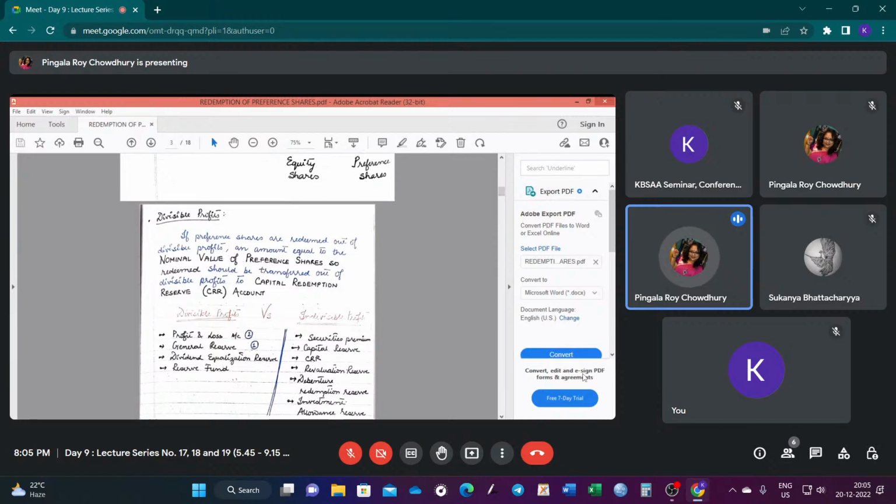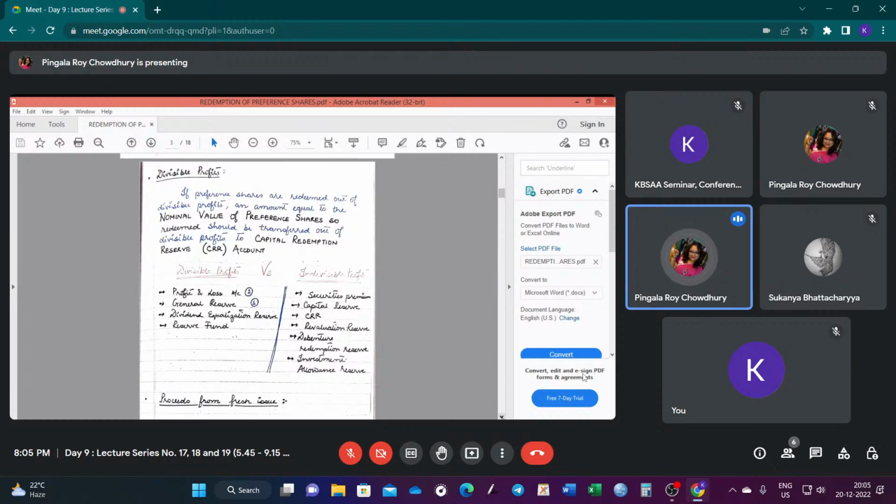Now here is a list of certain divisible profits and certain indivisible profits. Divisible profits are mainly profit and loss account, general reserve account, dividend equalization reserve, and reserve fund. These are mainly your divisible profits. Now, as you can see, I have numbered general reserve as 1 and profit and loss account as 2.